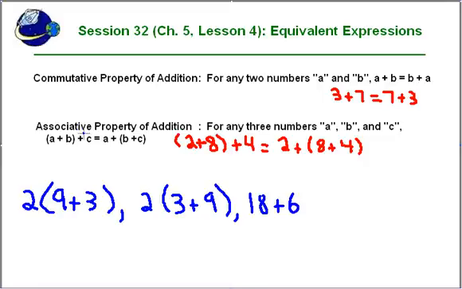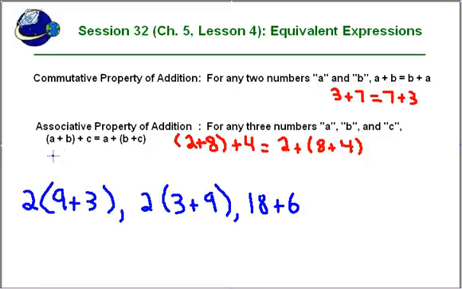You also have an associative property of addition. And that says that for any three numbers, a, b, and c, parentheses a plus b, parentheses, plus c will equal the same thing as a plus parentheses b plus c, parentheses. If you remember from earlier lessons, you always do what's in the parentheses first.